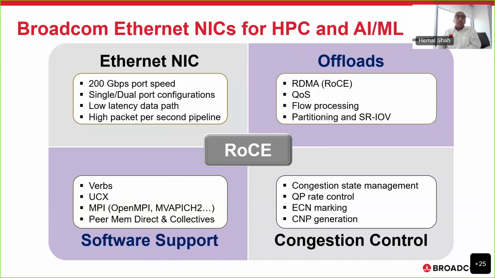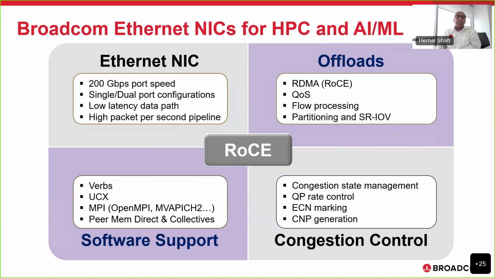From the RoCE standpoint, there are some key offloads: of course, the whole transport and RoCE functionality, including the interface from the verbs below. In addition, you need some other functions from the deployment standpoint, which includes quality of service. This is where both the network level as well as the host level QoS functionality is part of the device.